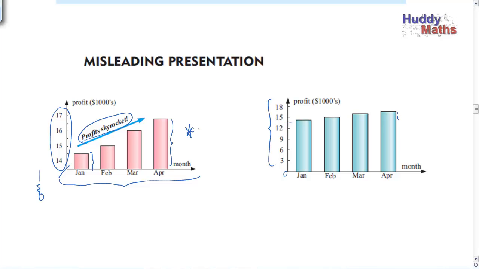This representation over here is giving the impression that overall it was a much bigger increase. But it wasn't, if you remember, that January was quite big anyway. It was up to 14.5. Okay, false impression. So you shouldn't misuse statistics. People do, but that's not fair to the subject area.